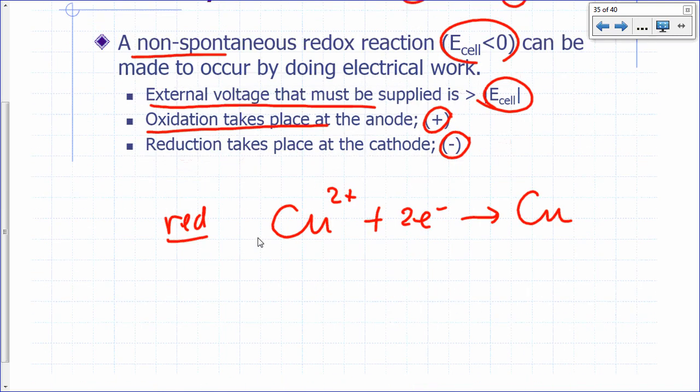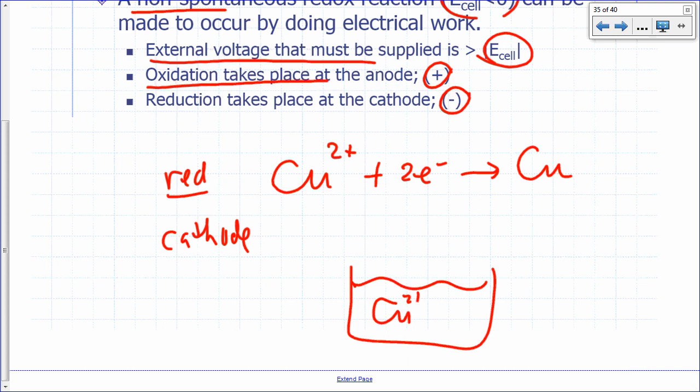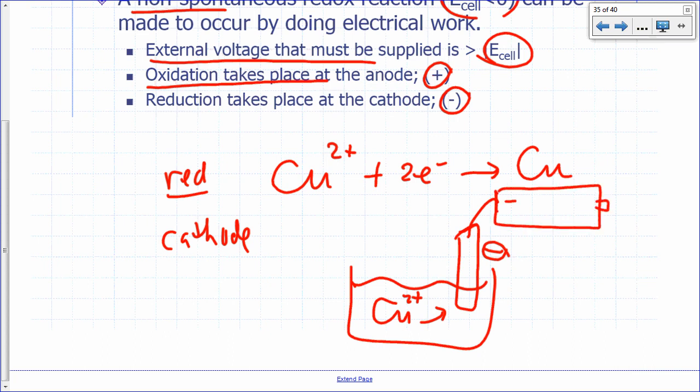Now, where would that take place? At the cathode. So if you have copper ions, and you want it to pick up electrons, what voltage must you have on this electrode right here? You have to make this negatively charged. You hook this up to the negative terminal of your battery. So you have a battery right here. The negative terminal of the battery is hooked up to that, okay?